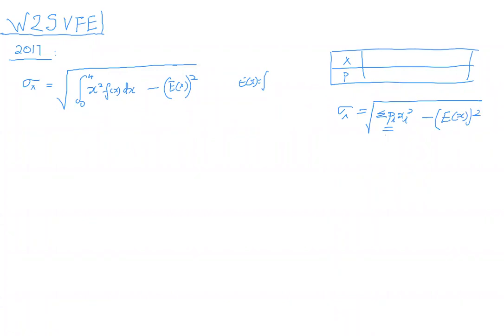For A, the probability density function is a constant. That is your fx is equal to, and the value of A in this case is 1 over 4, right?